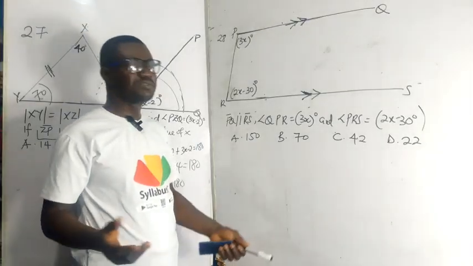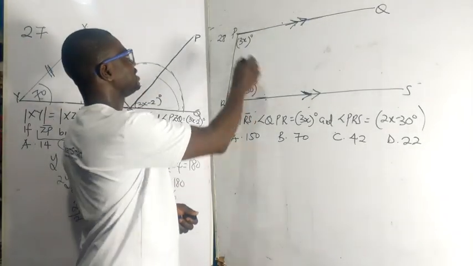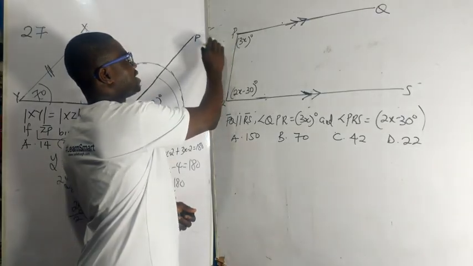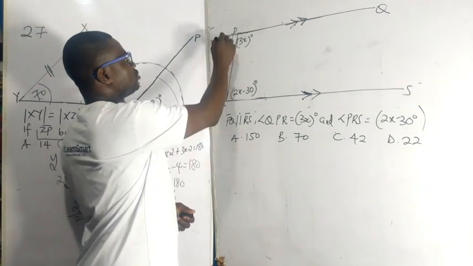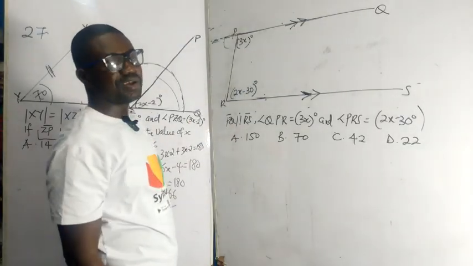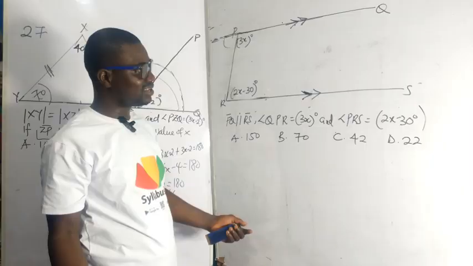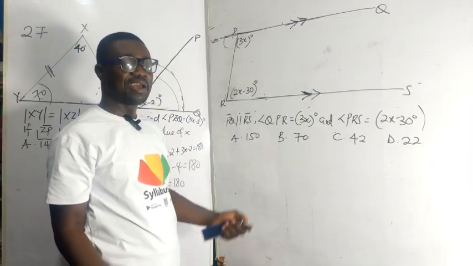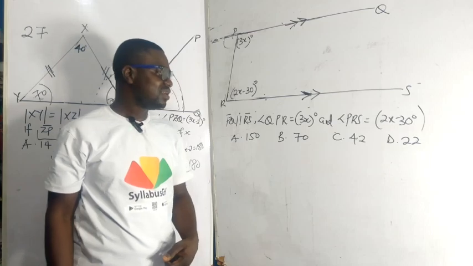So from here, this is very simple. Since this is a parallel line, even if you extend this line here, you can also have a Z, and we say it is alternate. That's simple. Before we come to the solution, let's find out the major information and the minor information.